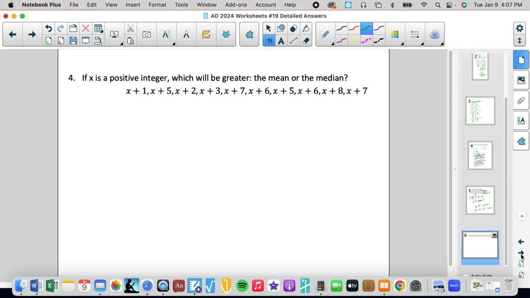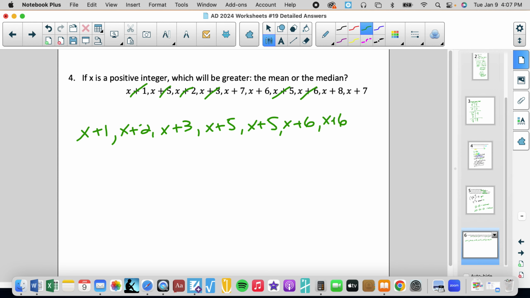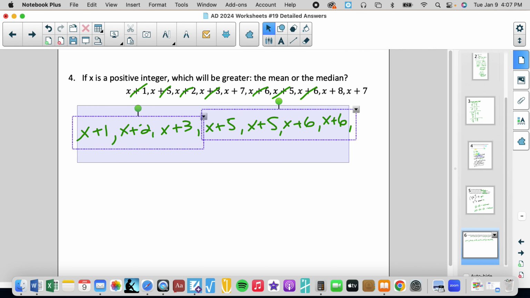Well, we have x plus 1, x plus 2, x plus 3, x plus 5, x plus 5, x plus 6, x plus 6, x plus 7, x plus 7.